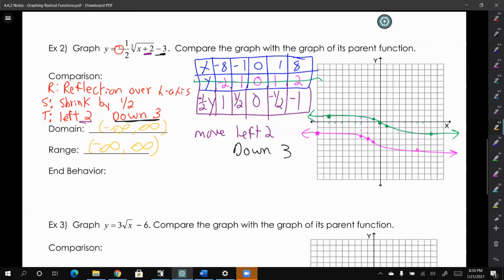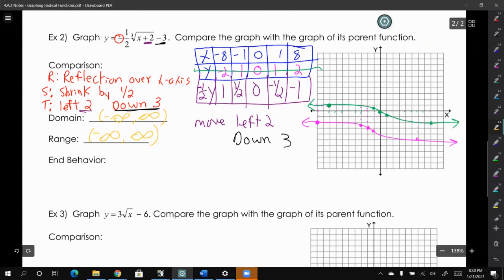Now, end behavior. We do have two ends to talk about. We have an arrow going to the left, and we have an arrow going to the right. So we will have, as x approaches -infinity, that's the left side. Well, the left side is going up. It might be hard to see because of how slowly the y values are going up.